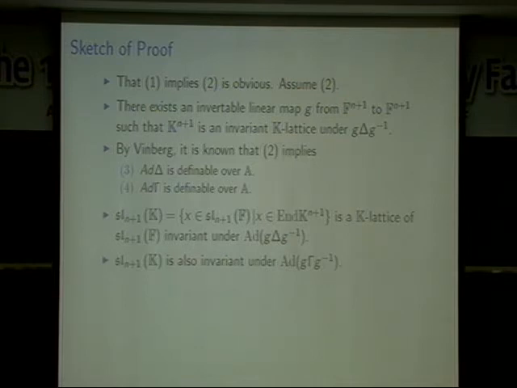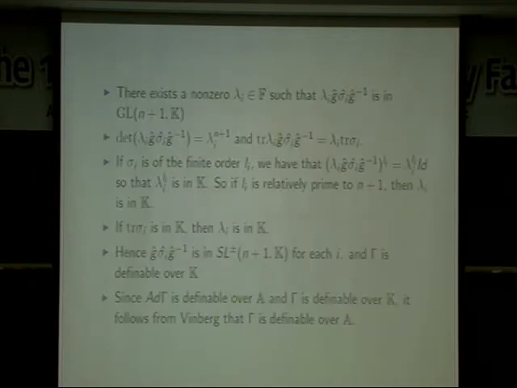The last step is by Wimber. And so there is a non-zero lambda i such that this lambda i G sigma i G inverse is in GL(n+1, K).